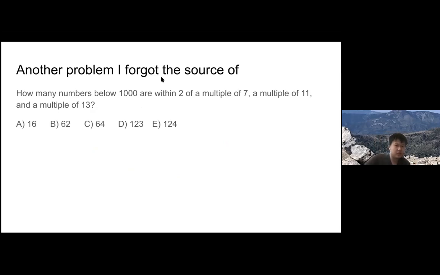here, how many numbers below 1,000 are within 2 of, oh, sorry, I shouldn't say numbers. I should say these are all whole numbers. This means positive, basically. How many numbers below 1,000 are within 2 of a multiple of 7, a multiple of 11, and a multiple of 13?